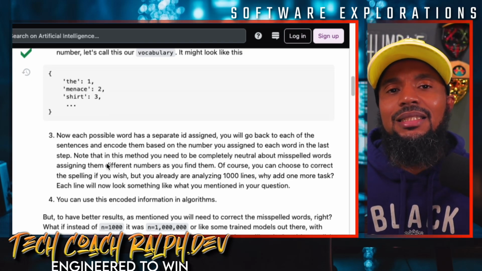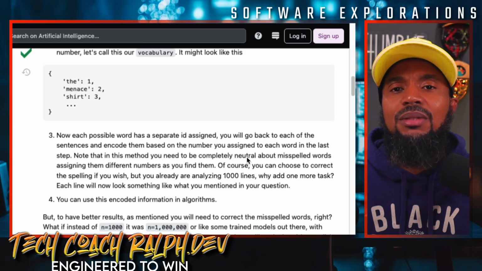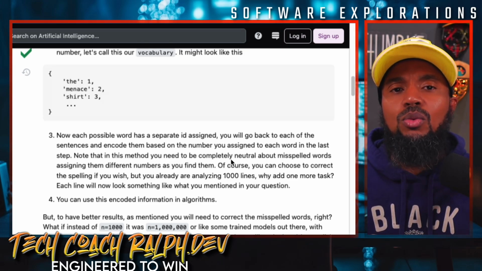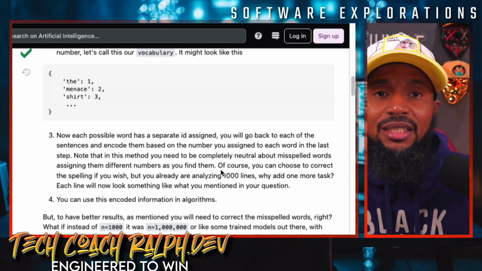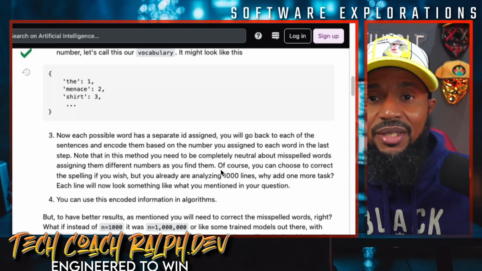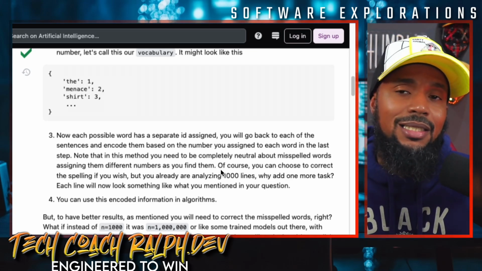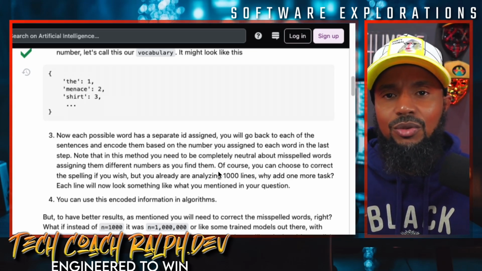Note that in this method, you need to be completely neutral about misspelled words, assigning them different numbers as you find them. So basically what they're saying is if you have misspelled words, they're not going to be assigned the same number. They're going to have to be their own separate thing, right? This is not something that we'd be doing manually, but for the sake of example, that's why they're presenting this to us, all right?